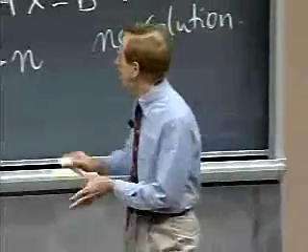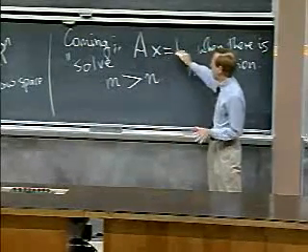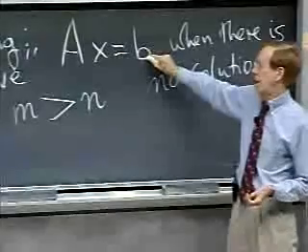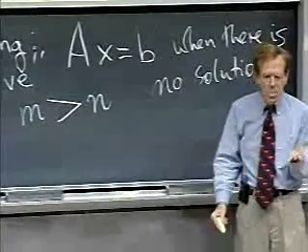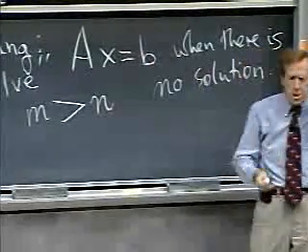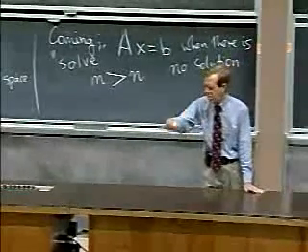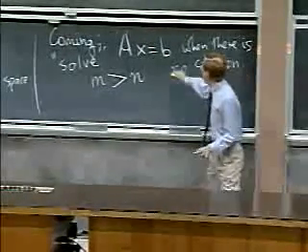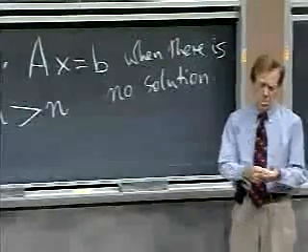So the problem is that in many, many problems, we've got too many equations, and they've got noise in the right-hand side. So Ax equal b, I can't expect to solve it exactly, because there's error, there's a measurement mistake in b, but there's information too.